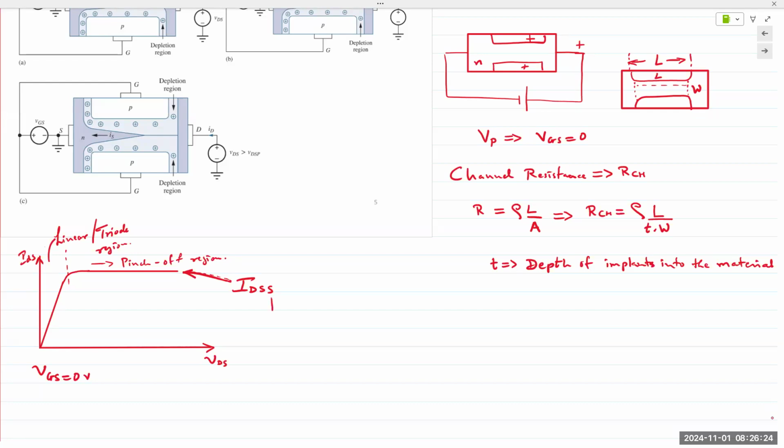That's what this S stands for: short-circuited gate to source. Mathematically, VGS is equal to 0. So IDSS is the drain to source current when the VGS value is equal to 0. And this is the maximum current that the J-FET will allow, or the maximum current that can flow through the J-FET.